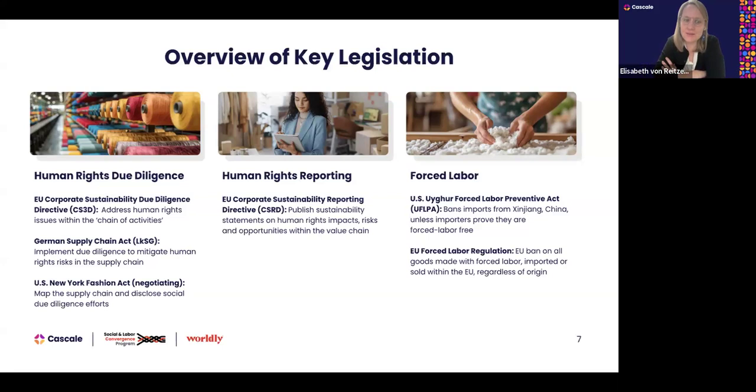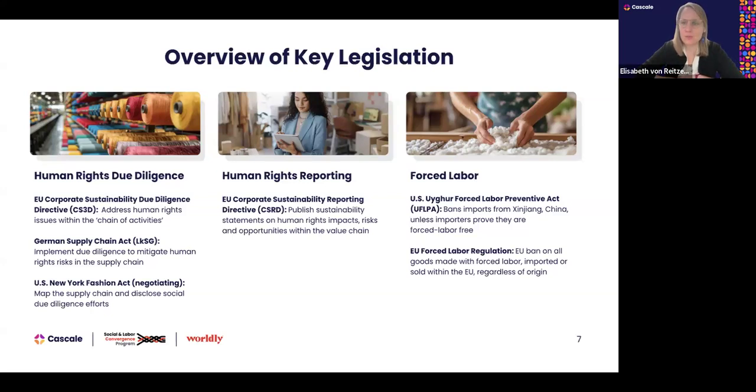It's the US New York Fashion Act, which is, however, still in a negotiation phase. There is the EU Corporate Sustainability Reporting Directive in the field of human rights reporting, and also in the area of forced labor legislation, there's the US UFLPA Forced Labor Prevention Act and the EU Forced Labor Regulation.